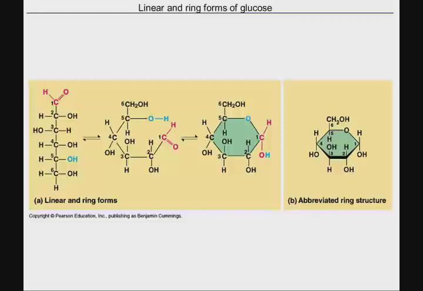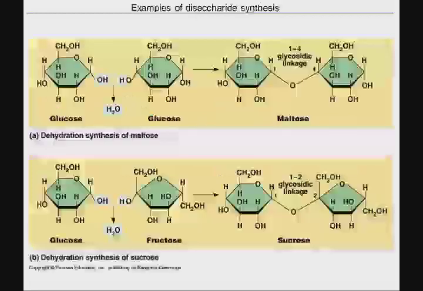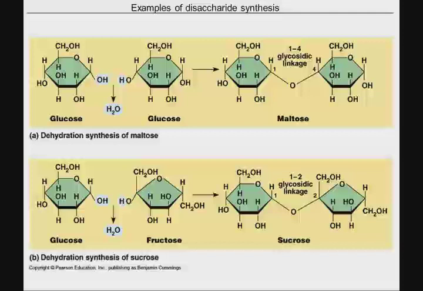But this idea now of starting to link monosaccharides together, we're starting to build polymers, right? In this case, again, there's lots and lots of different sugars out there. When you put a glucose and a glucose together, you get a maltose. When you put a glucose and a fructose together, you get a sucrose.